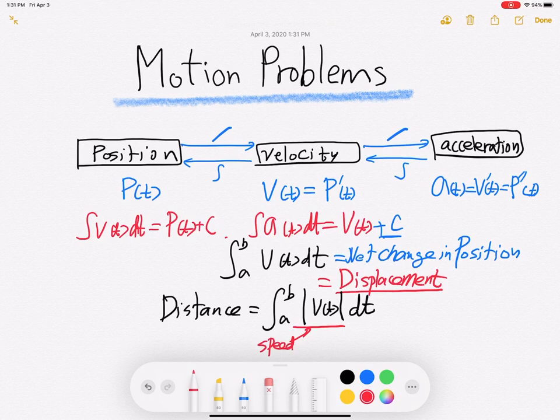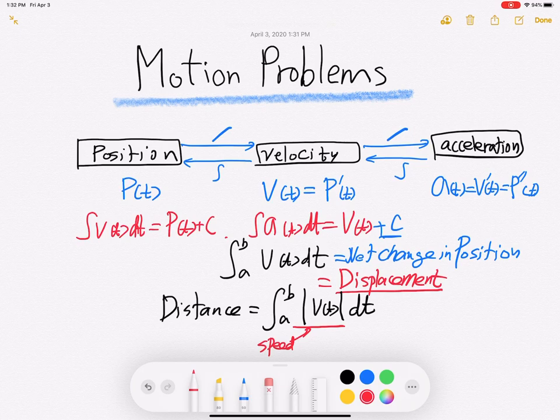Because distance should always be positive. Sometimes displacement can be negative. If the particle is moving to the left or backwards, that means negative displacement. But the traveled distance is not a negative number. That's why you put the absolute value.